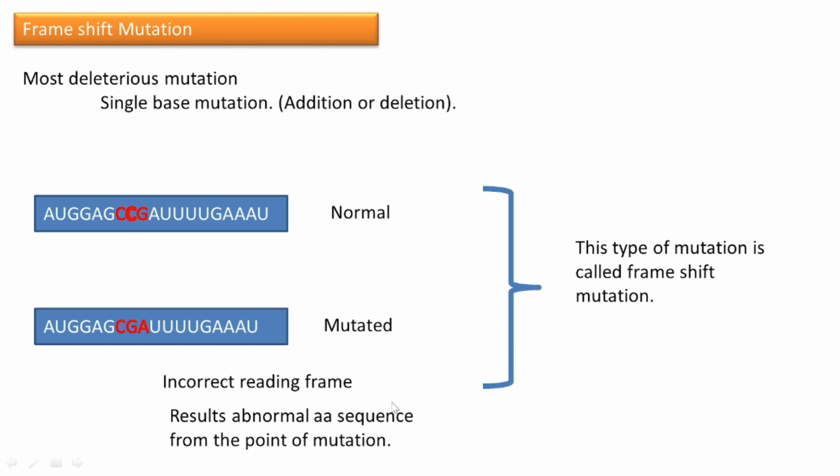That protein is formed because of that abnormal amino acid sequence, which also resulted from a point mutation. Such types of mutations are called frame shift mutations. I hope it's clear to you. I explained with the case of a deletion. Addition also can result in the same effect. Okay, that is frame shift mutation.